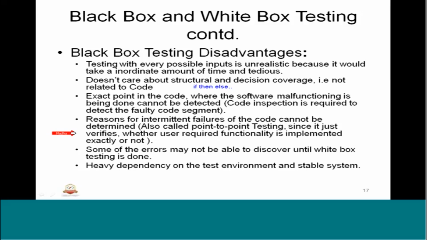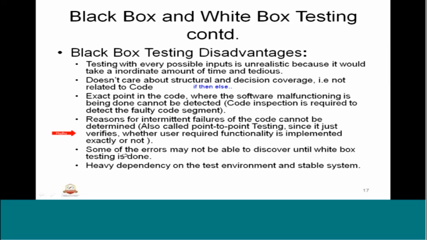In those cases it is also difficult to do black box testing. It is a disadvantage. We know the failures are there, but pinpointing where it is going to fail may be difficult, as it varies. Whether the user required functionality is implemented exactly or not, we don't know until we discover it with the help of other methods.